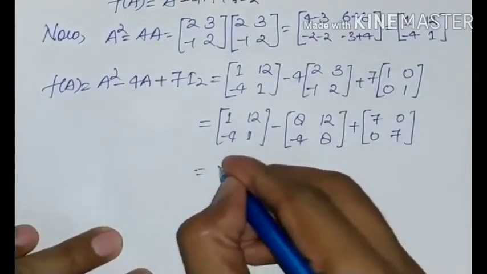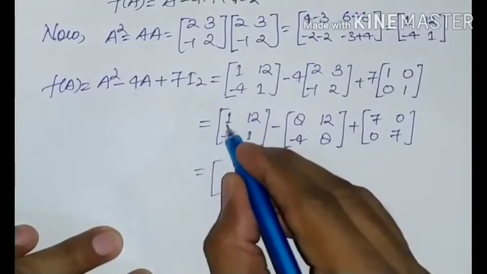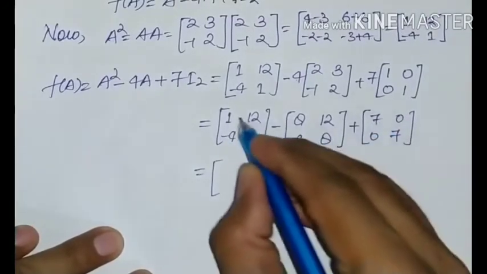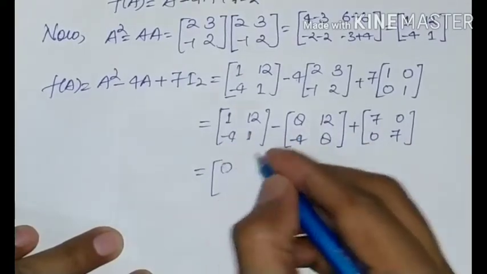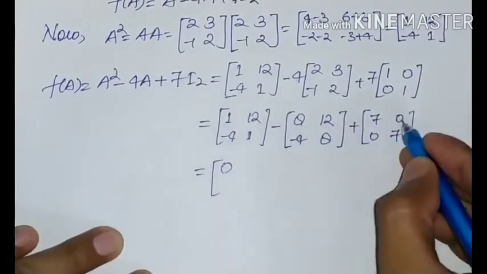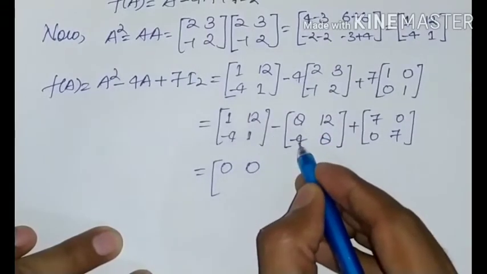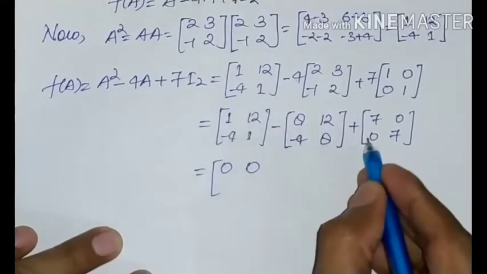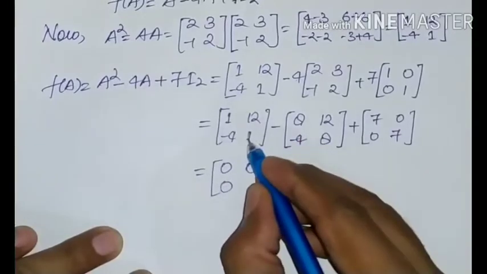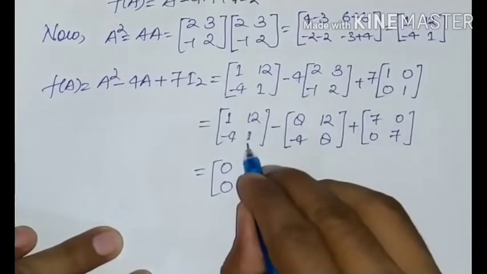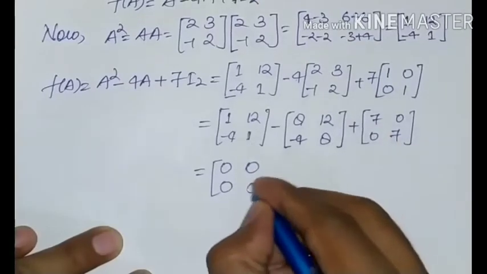Now 1 minus 8 plus 7 is 0; 12 minus 12 plus 0 is 0; minus 4 plus 4 plus 0 is 0; and 1 minus 8 plus 7 is 0.